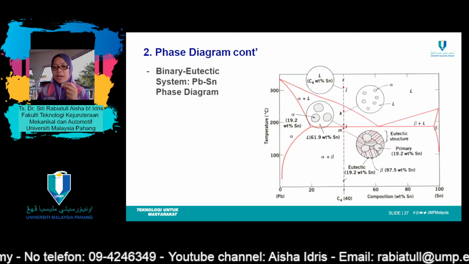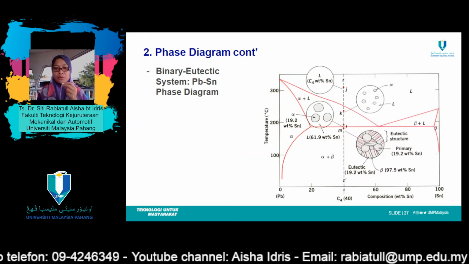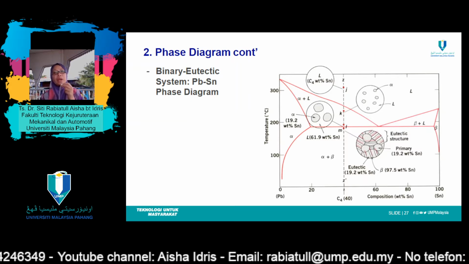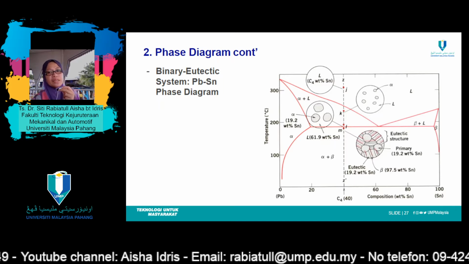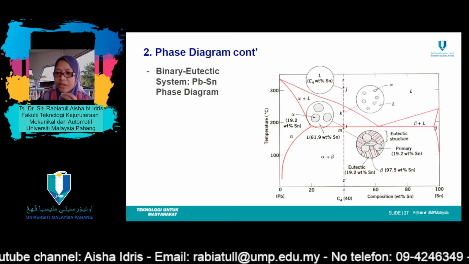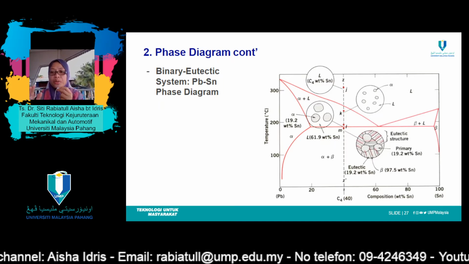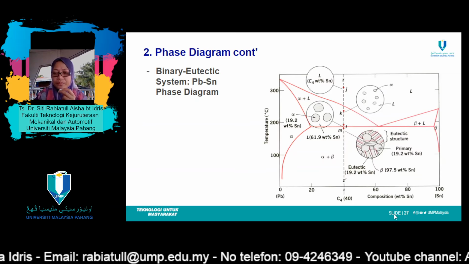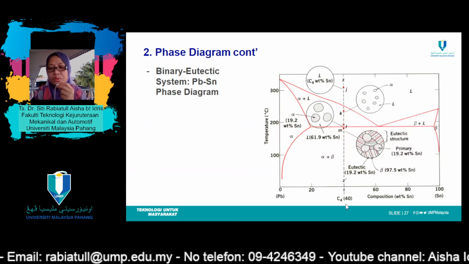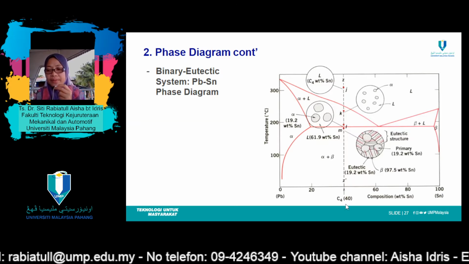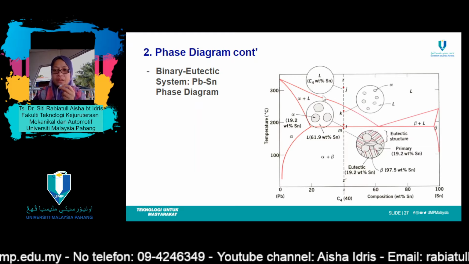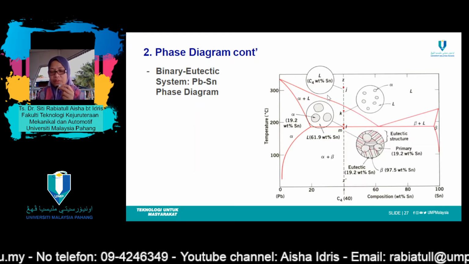Okay. What will happen to the microstructure in this phase diagram? Let's look at the example, not referring to the eutectic point, but referring to composition C equals 40% of tin. From liquid over here, you have only one phase, which is liquid.